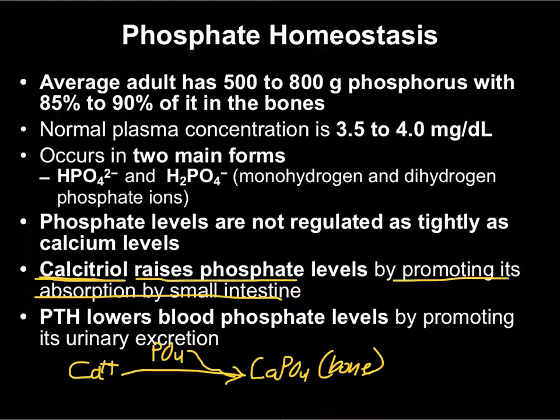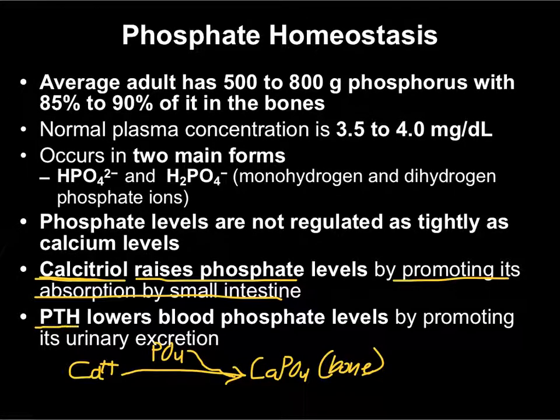Calcitriol's primary function is to raise blood calcium levels, but you're getting that blood calcium from dietary sources. So if you're getting a bunch of calcium from outside of your body, you want to make sure that you have enough phosphate that if you absorb too much calcium, like let's say you just gorged yourself on milk and cheese, and you got a huge bolus of calcium coming into your blood, you can store any excess calcium on your bones.